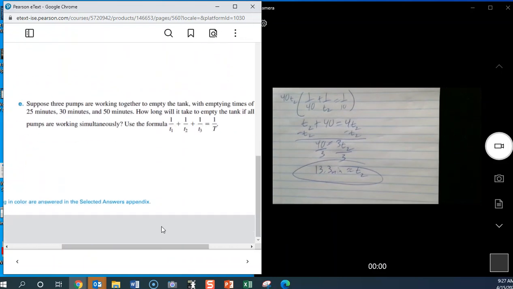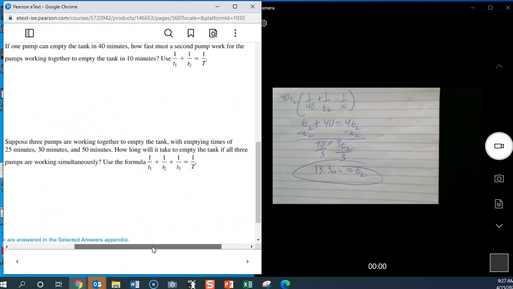Okay, now we come down here to E. Suppose 3 pumps are working together to empty the tank with emptying times of 25 minutes, 30 minutes, and 50 minutes. How long would it take to empty the tank if all 3 pumps are working simultaneously? Use the formula.